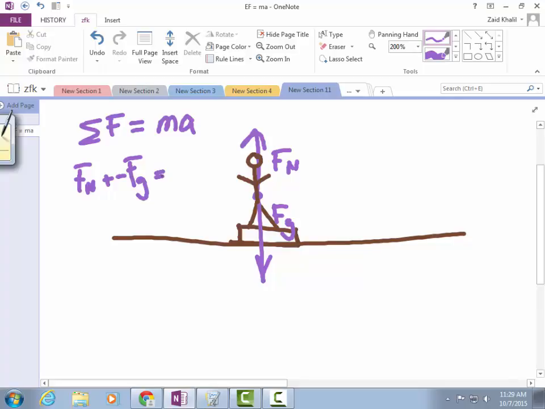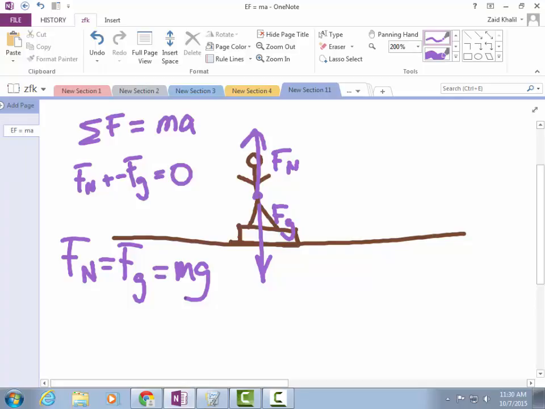And the question is, what's my acceleration? The acceleration is 0. I'm not going anywhere. Not only am I not going anywhere, I'm definitely not accelerating anywhere. So that's 0. And so what does Fn give me? Fg, which is mg. In other words, normal force tells me my weight. That's right. Stand on a flat surface, step on a scale, and it tells you your weight. Although you'll see that's going to change depending upon where you are on the surface of the Earth.